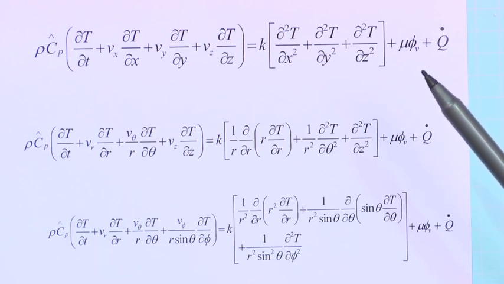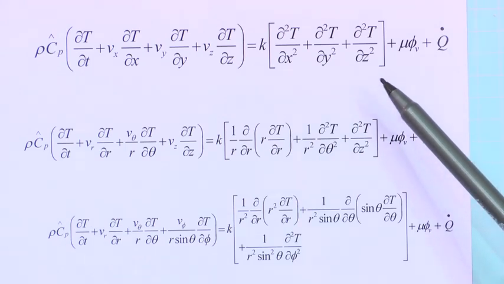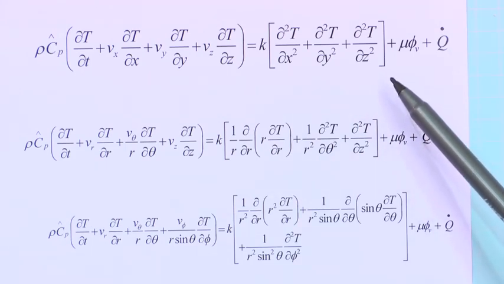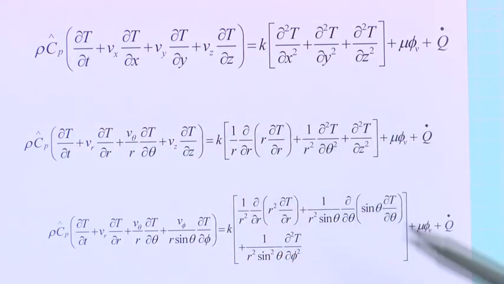From that equation, the kinetic energy equation was subtracted to obtain the energy equation in this form, which does not take into account the kinetic energy or the mechanical energy part of the equation. So these three are the equations which we would use in all our problem solutions.